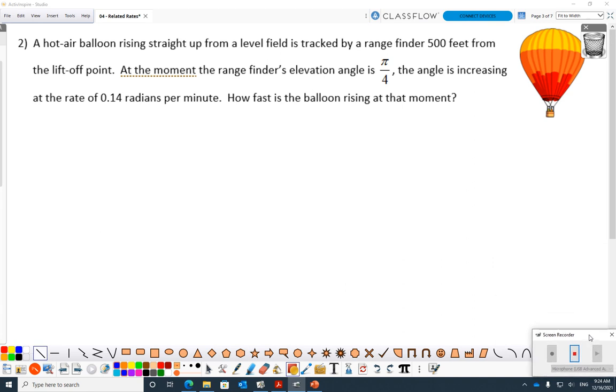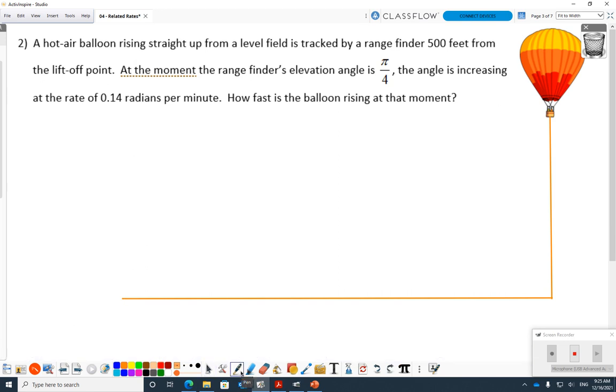So what we got here is, maybe orange is a good color for this. There's the rangefinder. The rangefinder, 500 feet from the liftoff point.